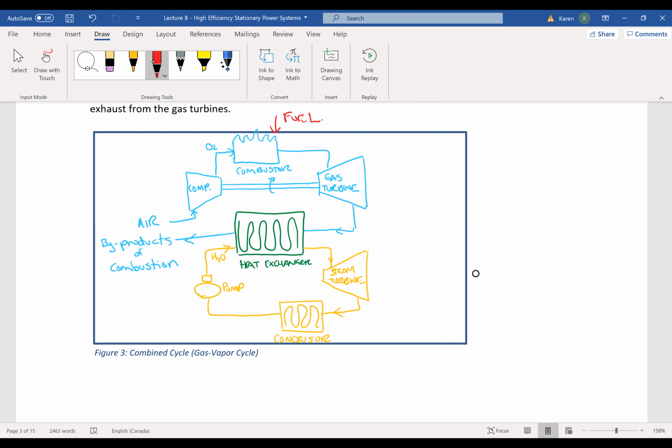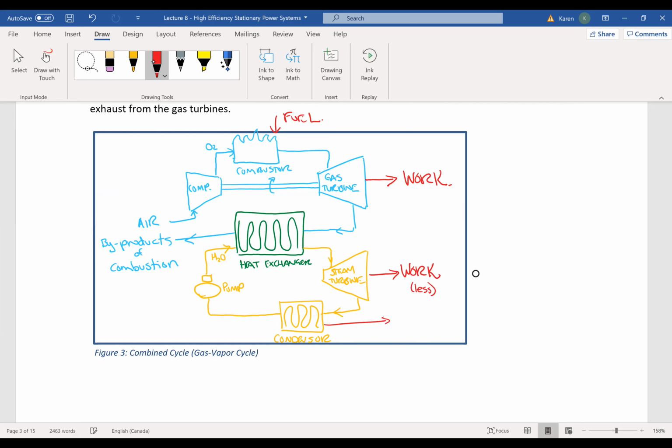Now let's look at where we get some work. Of course, we got some work out of here from our Brayton cycle, and then we got some work out of here from our Rankine cycle. And the work here must be less than the work from Brayton because, obviously, you can't make more work from the leftover energy that came out of that gas turbine.